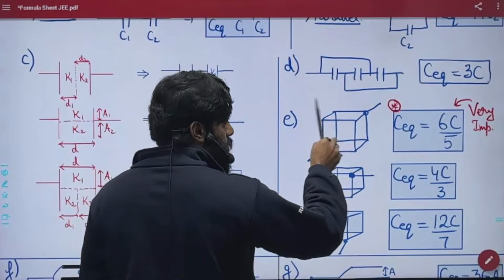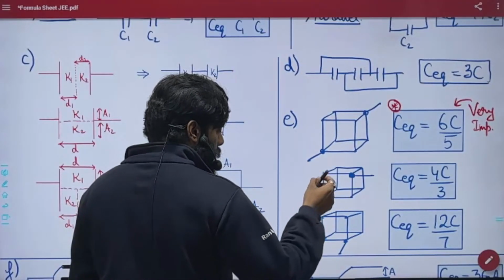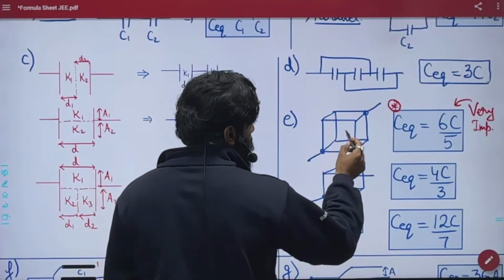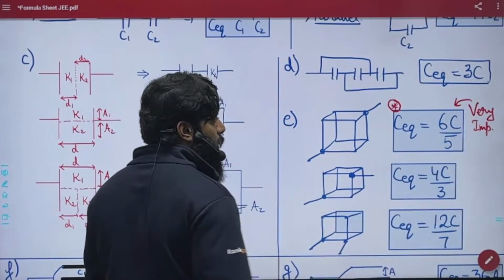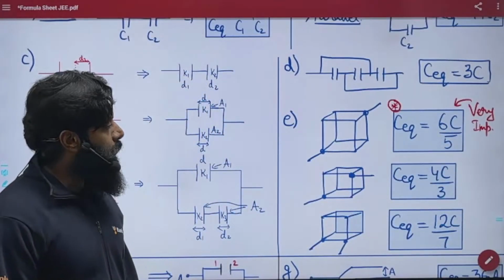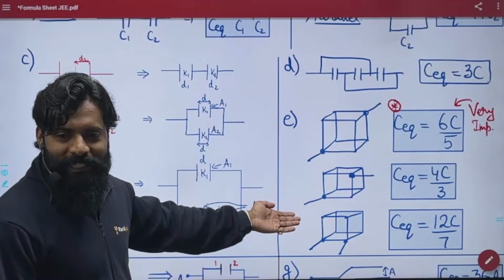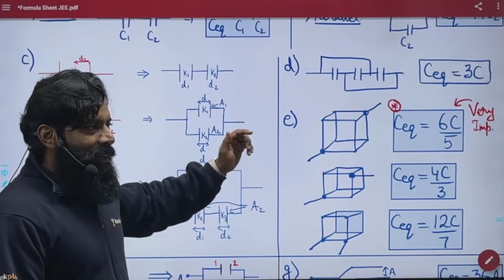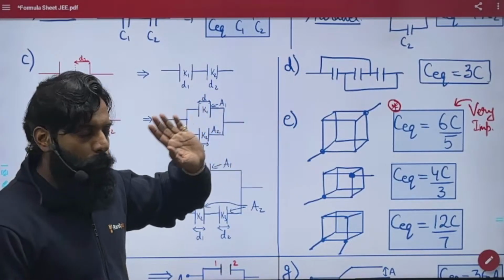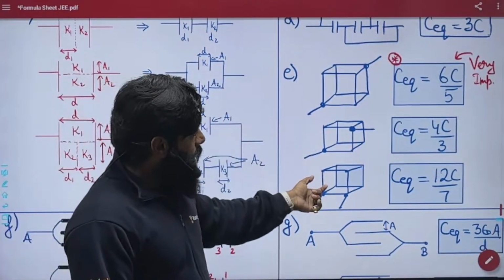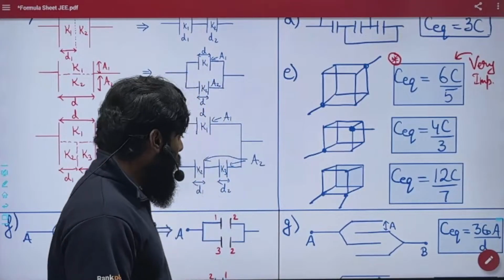For a cube-like structure, if each edge has capacitance C, then C equivalent is equal to 6C divided by 5. This is very, very important. Why am I saying that? Because I have seen this in the previous year questions, and if it was asked earlier, it could be asked next time also. So you have to remember these.